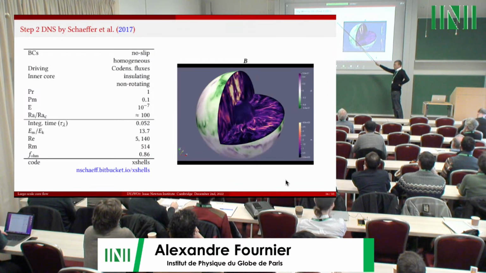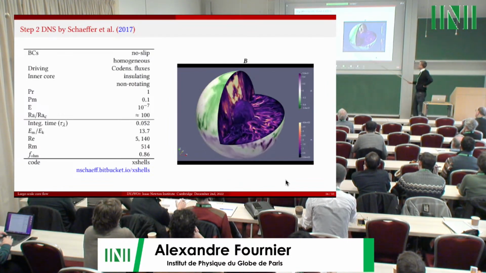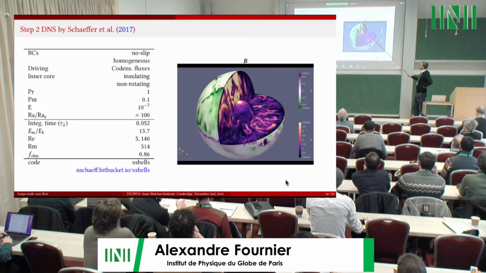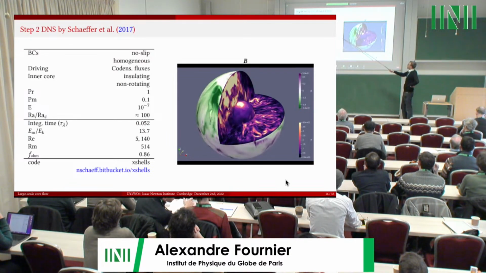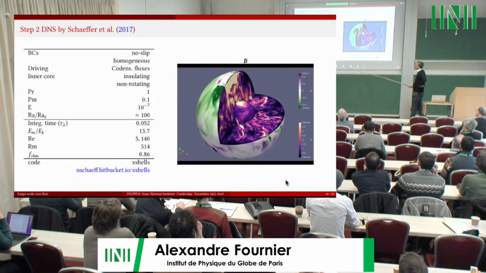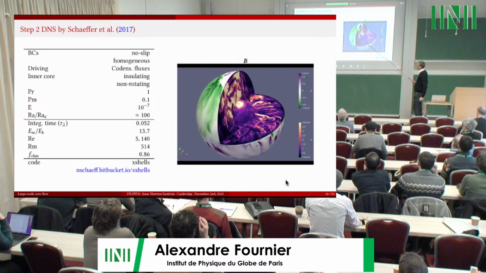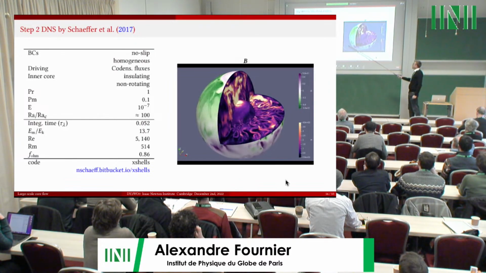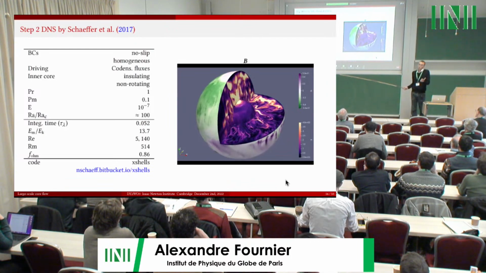There are homogeneous fluxes of the densities that are imposed on both sides. So the inner core is insulating and it's non-rotating. The Ekman number has a value of 10 to the minus 7. The simulation is about 100 times supercritical, and it's a very dynamic simulation. It was integrated for about 5% of the magnetic diffusion time.